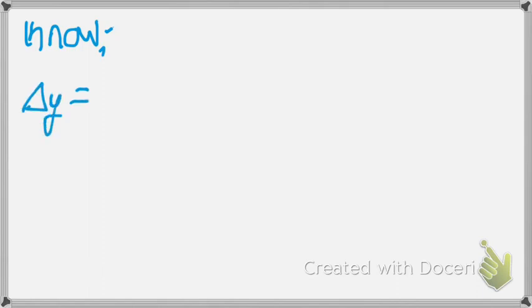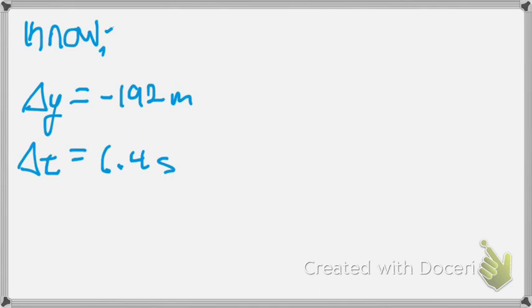And because she is technically falling downwards, it's in the negative direction, so we're going to give it a negative symbol. 192 meters. Our change in time is 6.4 seconds to land. Time cannot be negative.